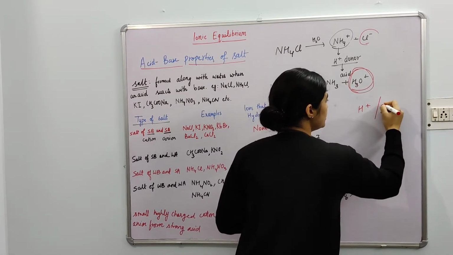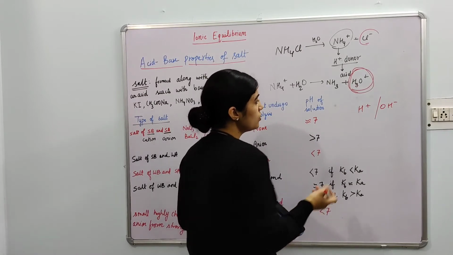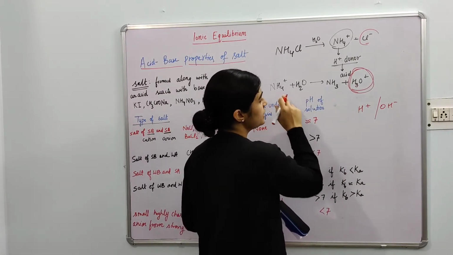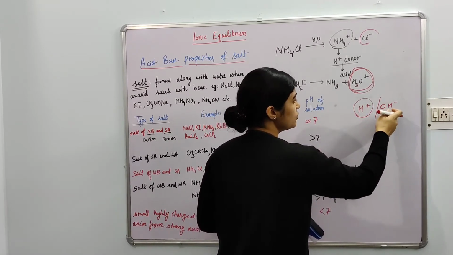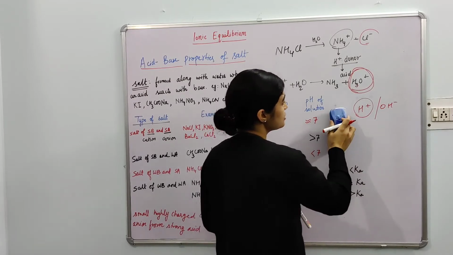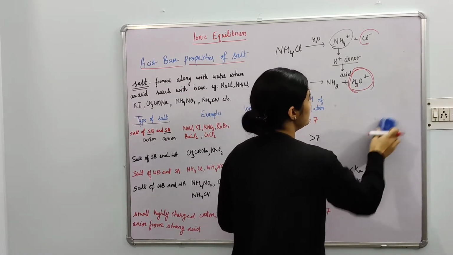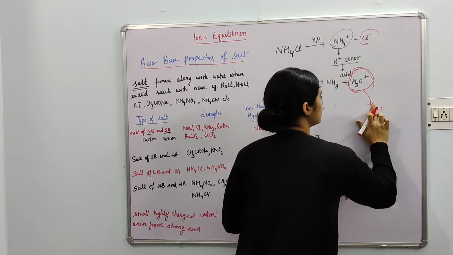Only H positive and OH negative define the pH of a solution. So this NH4 positive is contributing to the concentration of H positive, and there is not much change in the concentration of OH negative. So this solution will be acidic.